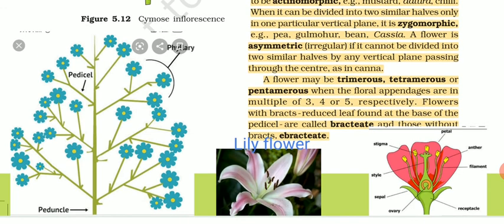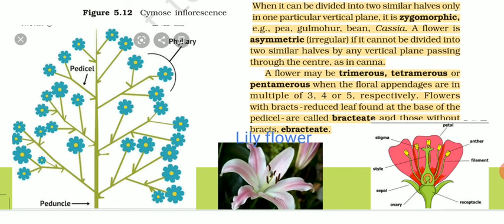Then it is written that sometimes flowers can be classified into trimerous, tetramerous or pentamerous. Tri means 3, tetra means 4, penta means 5. In some flowers there are a total of 3 sepals and 3 petals, meaning they are fixed.